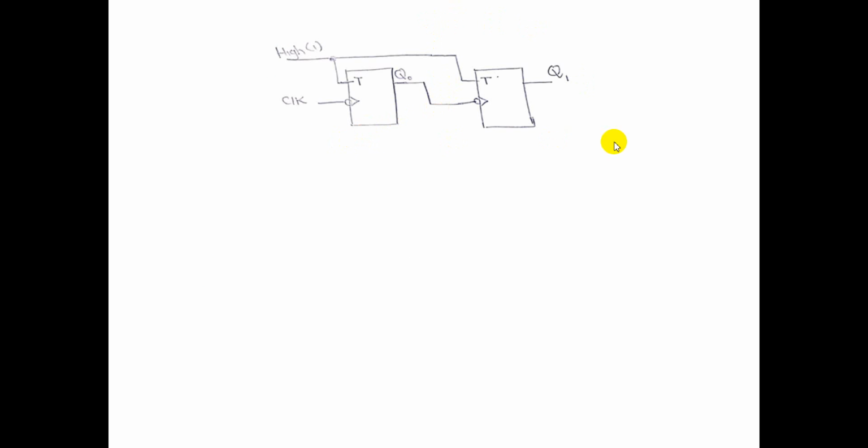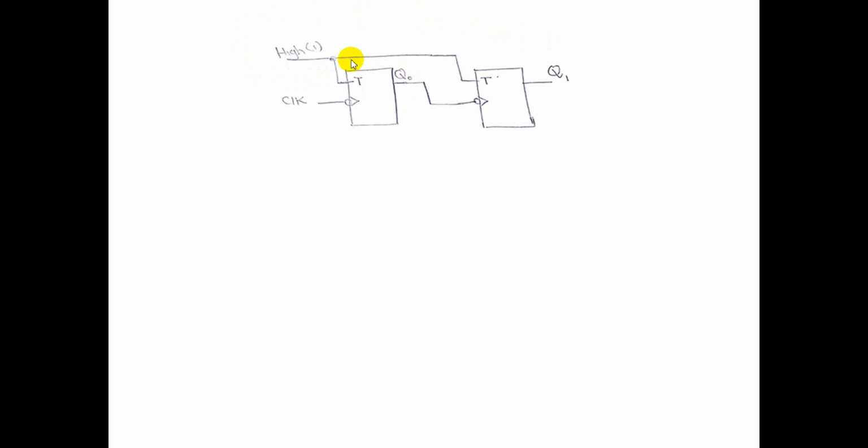First of all, for the binary up counter, or even all the basic counters, we are going to use a flip-flop which gives us the complement state. The flip-flops which you have studied already in your theory and in the last lab, we have basically two flip-flops which give the complement state.